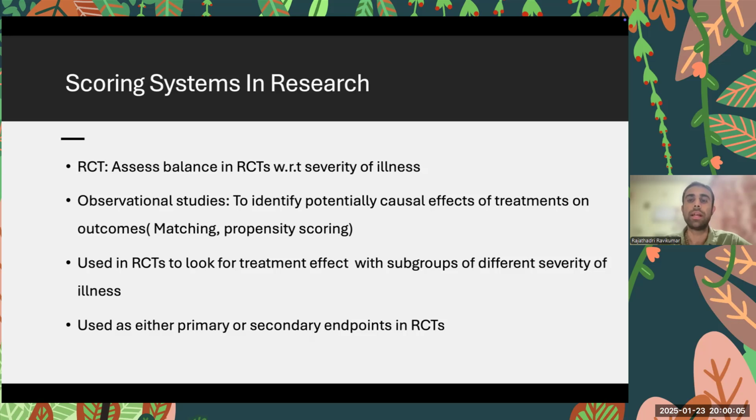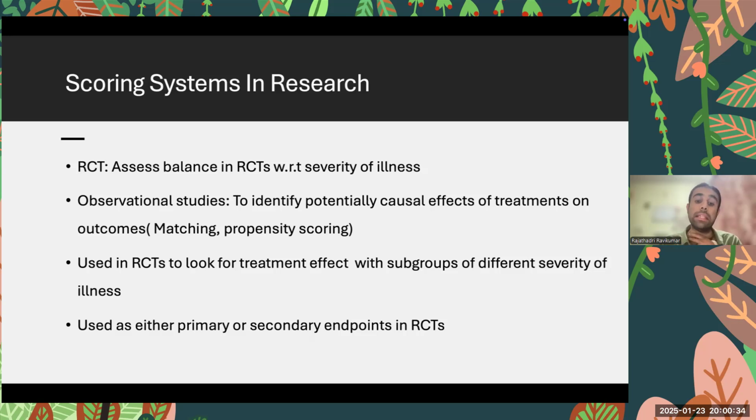In such scenarios, we can use the scoring systems. After the RCT, we can classify the patients into two groups: higher severity score and lower severity score. Then we can see if there is any mortality benefit in those patients who had a higher severity score, or any benefit in lower severity scores, or whether the treatment is proving more useful in the lower group.